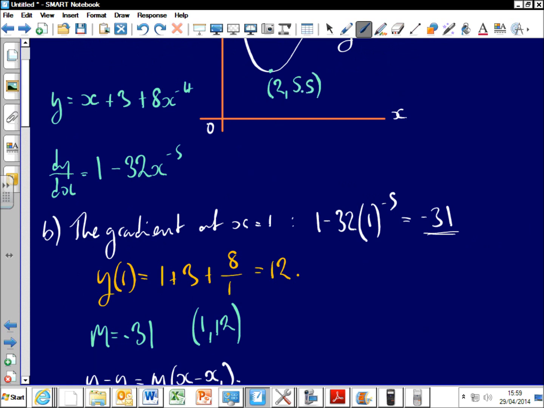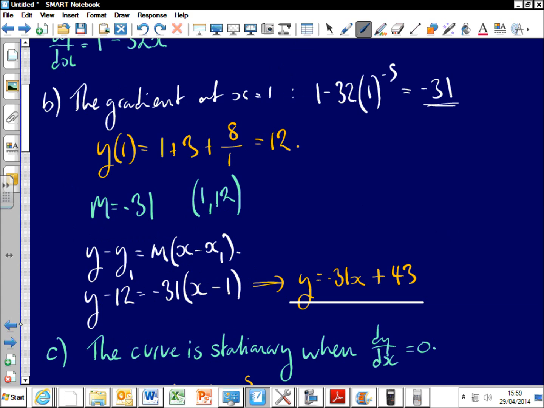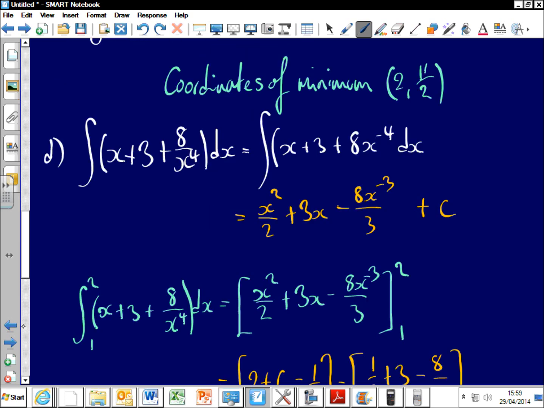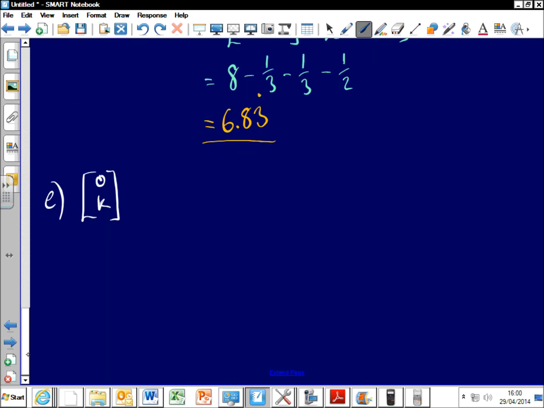Okay? So that's the coordinate of that minimum point there, yeah? So it says if we are to translate this curve so that the x-axis is a tangent, we're going to have to move it down 5.5. Okay? Is that true? So k is going to have to be negative 5.5. Okay? And that's the last little bit.